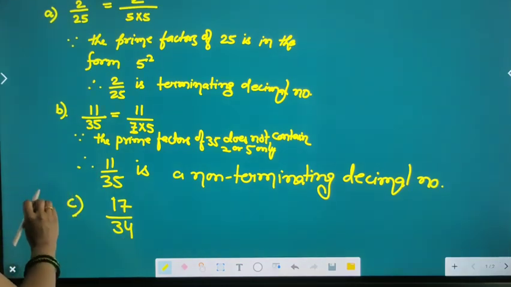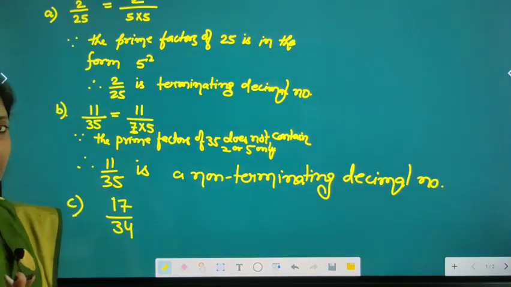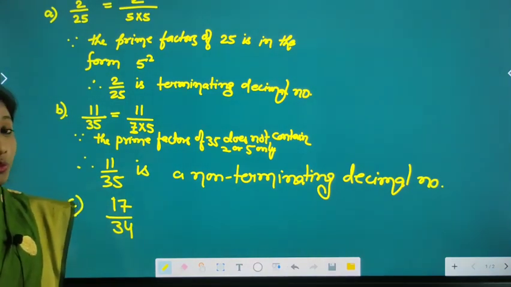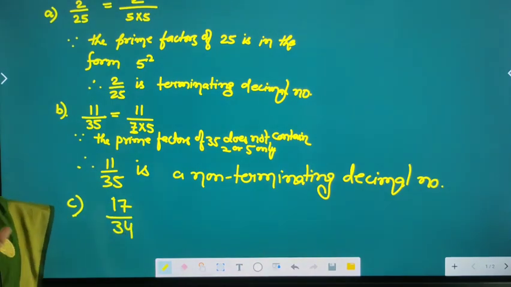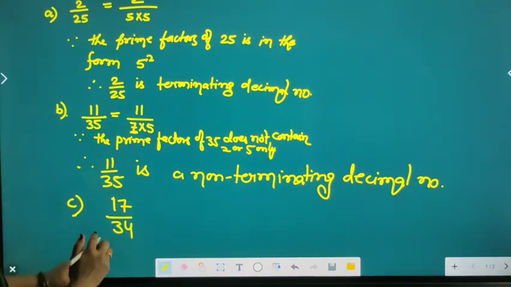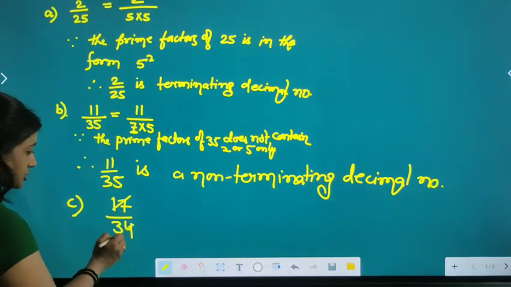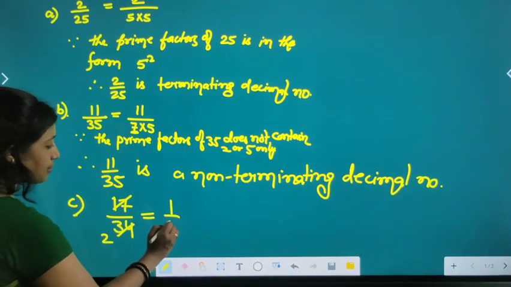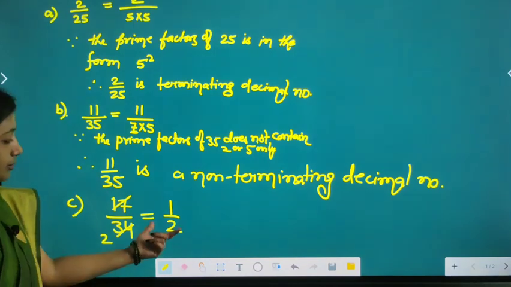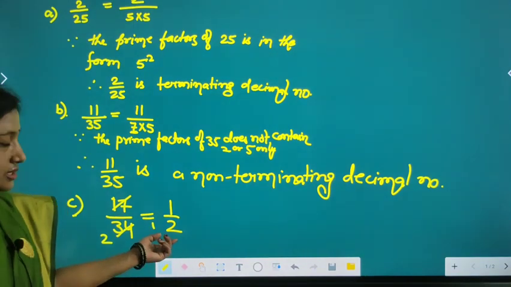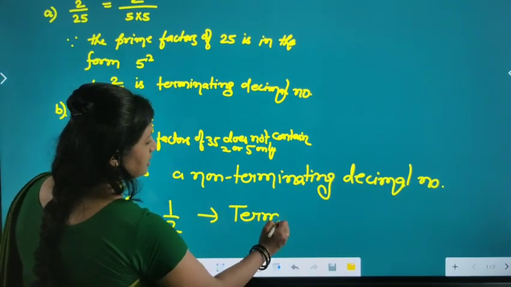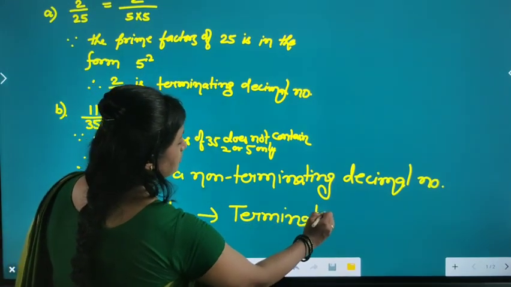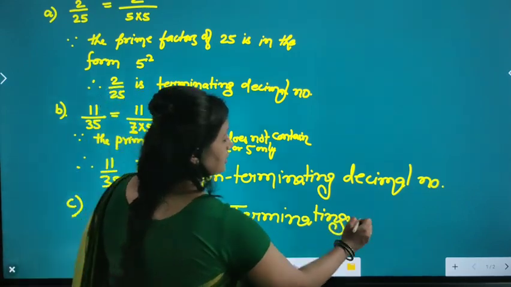But before that, one more most important thing you have to keep in mind is that you have to change it into standard form. So first change it into standard form, that is 1 by 2. Now the prime factor of 2 is 2, so this will be a terminating decimal number.